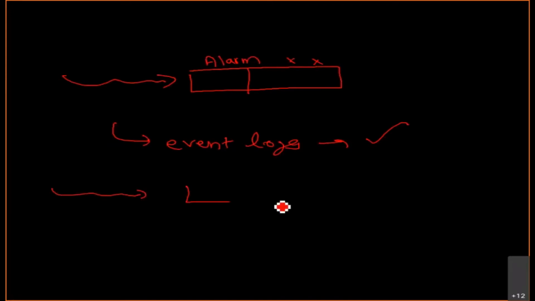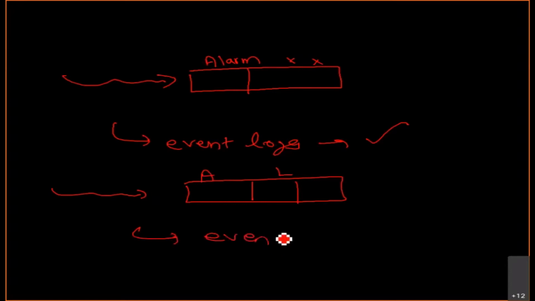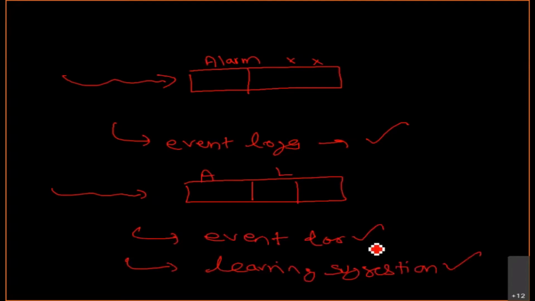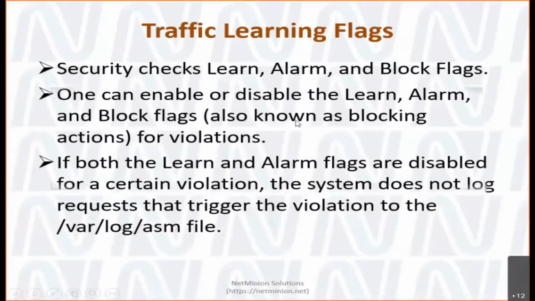But if in your flags, both alarm and learning are enabled, then in your event logs you will get the alarm, and the learning suggestion will also be there. Traffic learning will not stop because your learning flag is also on. And once your policy is under the blocking mode, with alarm, learn, and block all enabled, your request will be blocked if it is an illegitimate request.